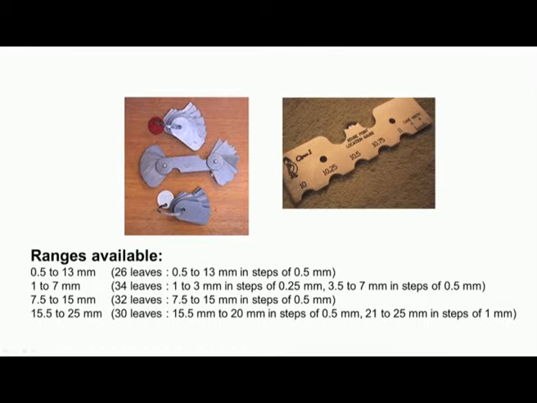You can see here a set of radius gauges, and here we have radius of different values. This is 10 millimeter radius, 10.25, 10.5, 10.75 like this.